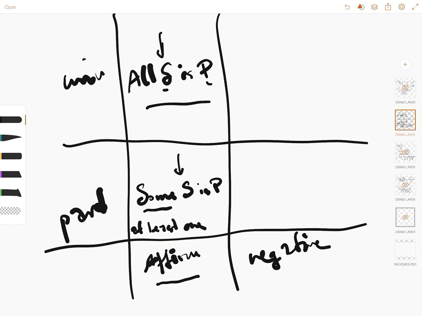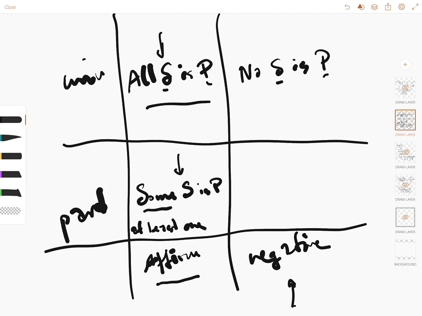Okay, now let's consider the negative quality. This is exclusion. So for the universal, we can write no S is P, and that means that no member of the category S, the subject term, is also a member of the predicate term.